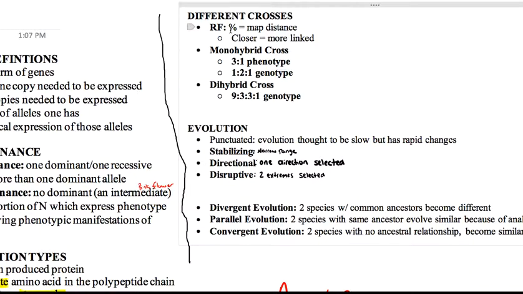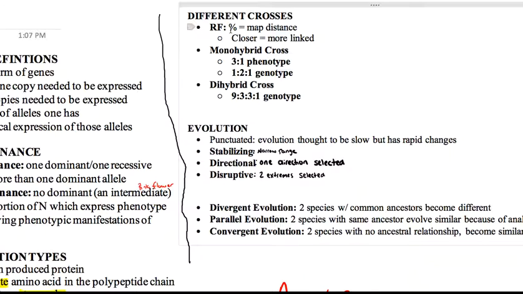homozygous dominant crossed with a homozygous recessive. And, sorry, actually, this is two heterozygotes. So if two heterozygotes are crossed, you'll have a 3-to-1. Is that right? Oh, you know what? I'll go back and look at that. A monohybrid cross will result in a 3-to-1 phenotype. Yeah, this is okay.